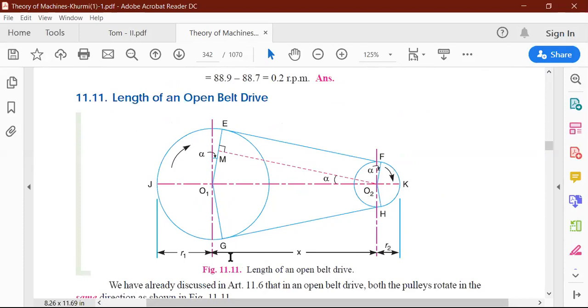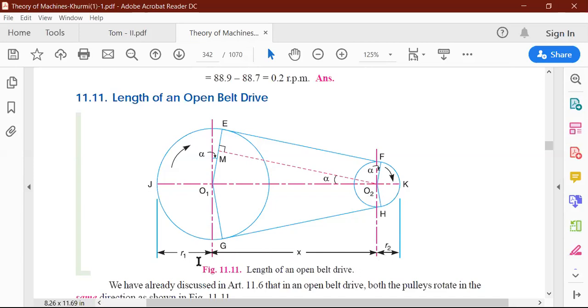Here the center to center distance between these two pulleys is x. The radius of the driver pulley is r1, and for the driven pulley it is r2. So the total length of your belt is the summation of r1, x and r2.